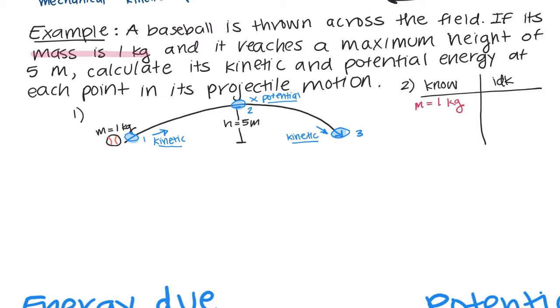We also know that it reaches a maximum height of 5 meters. So I can change colors. I know that it reaches a height of 5 meters. I can go ahead and write that in here as well.